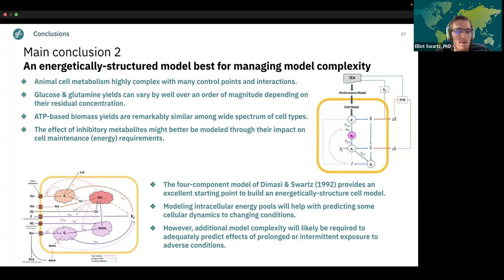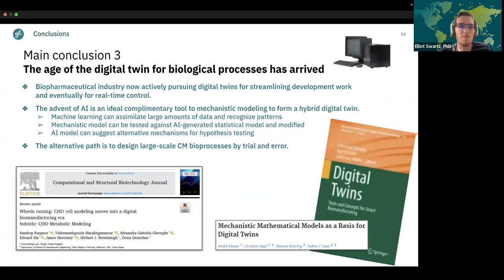However, we talk about in the report how it's possible that not all of this complexity will be managed by such a simple model, and that we may need to add layers onto it in order to predict other interacting effects like prolonged or intermittent exposure to adverse conditions. And so we envision an iterative approach where you construct these models, test them out in the real world, and then iterate from there.